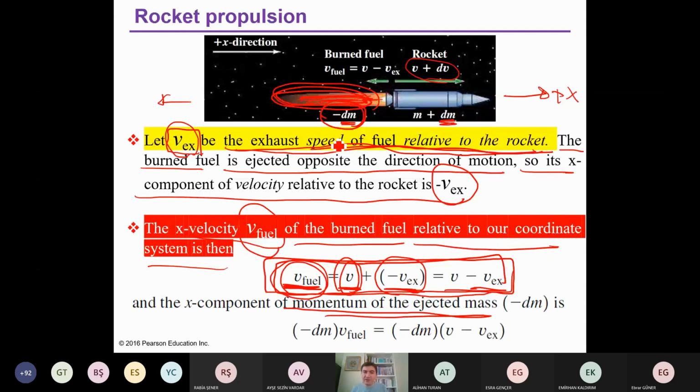Is it clear? If this is not clear, please let me know. Momentum is given by m times v. This is the mass of the fuel and this is the velocity of the fuel. Just take this v fuel here, and we have this expression. This is the momentum of the ejected fuel.